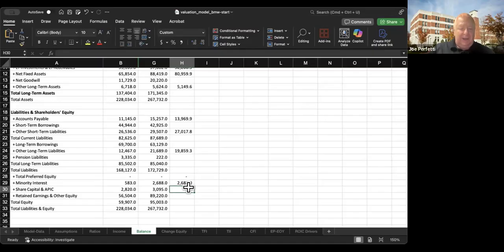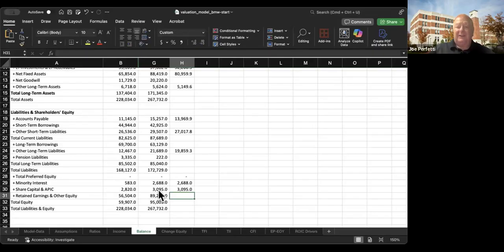The next one is share capital, and APEC is additional paid-in capital. They're not going to issue or buy back common stock in the future. So equals previous year. And then finally, we need to solve for retained earnings. Now, this is a formula, okay?